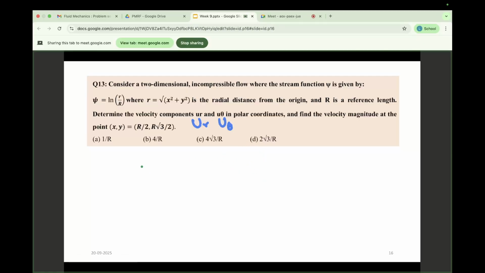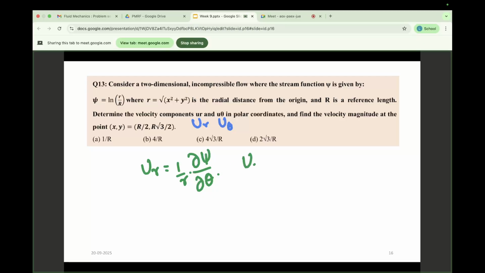But in polar coordinates, r comes first, so accordingly the formula should be with dou r, but it is not like that. For u r, it should be with respect to theta, with a 1 by r in front. This is for polar coordinates.